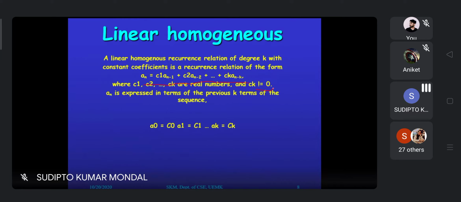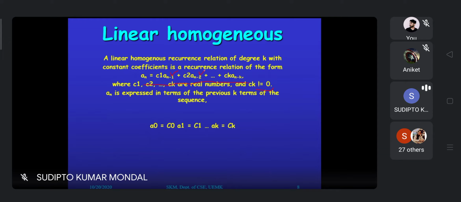And then this an, which is the nth term, clearly is dependent on previous terms like an minus 1, an minus 2. That means clearly the recurrence relation property is maintained. That is, a certain function call is dependent on its previous function call.